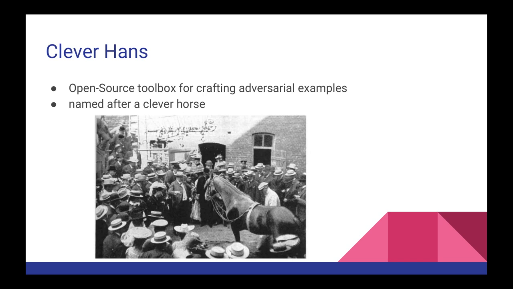And so on. It turned out later, during a more scientific study of the phenomenon, that Hans was actually looking at its owner's face, and whenever the owner nodded, it meant that Hans should stop stomping. So Hans didn't know how to solve algebraic problems, how to calculate additions and multiplications and so on. He just learned a very simple heuristic on how to make his owner and the audience satisfied.